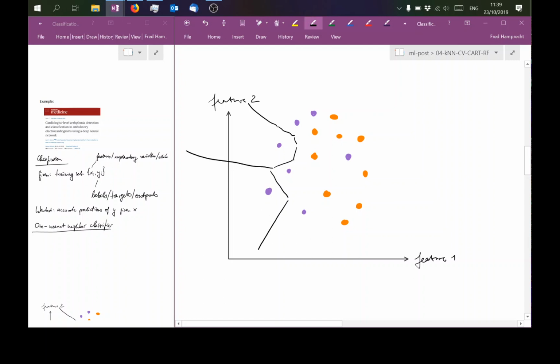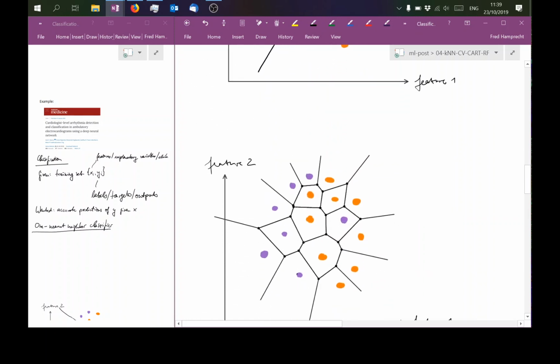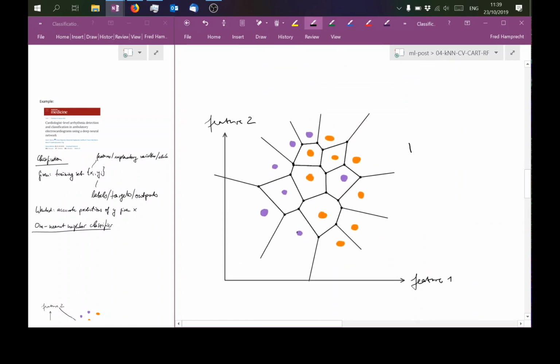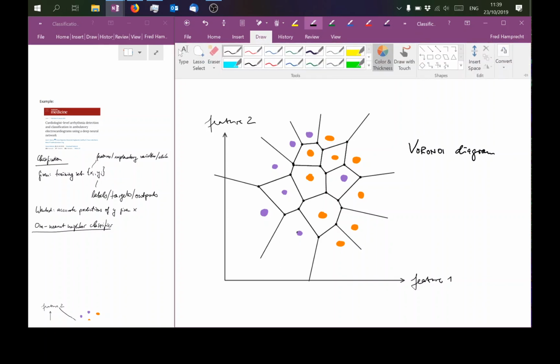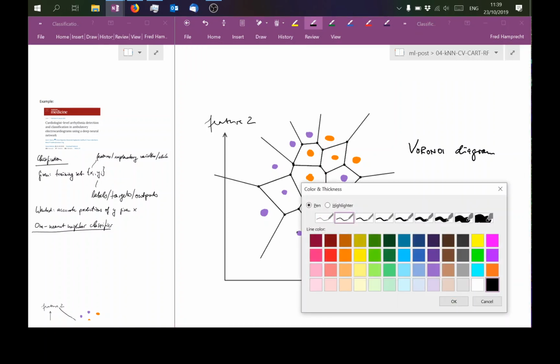And if I do that for all points, I obtain something which is called a Voronoi diagram. These regions are always convex, and I can now encode the rule that I have learned. Learning here is a big word. I can encode it in two ways.